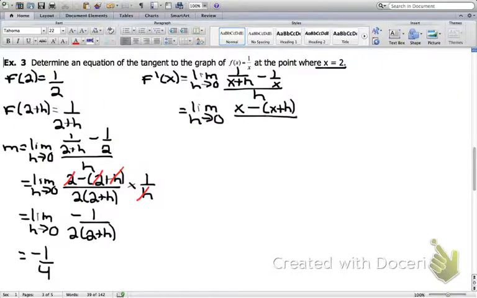Remember, this is just us finding a common denominator, which in this case is x times x plus h, times our 1 over h.